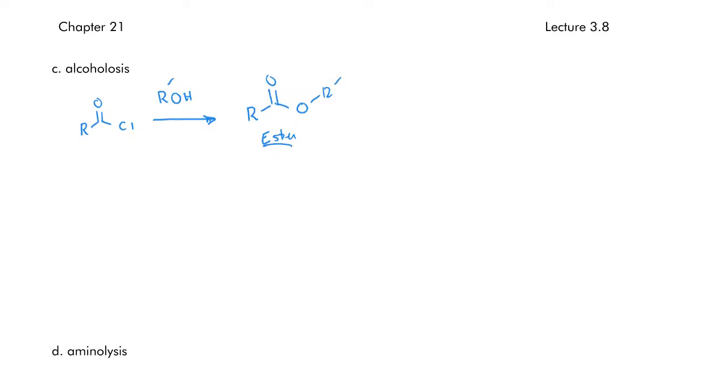Now notice that we have a protic nucleophile, our alcohol. So that means that we will also produce hydrochloric acid during the course of this reaction. This formation of hydrochloric acid has some important implications for the ester that we want to make.